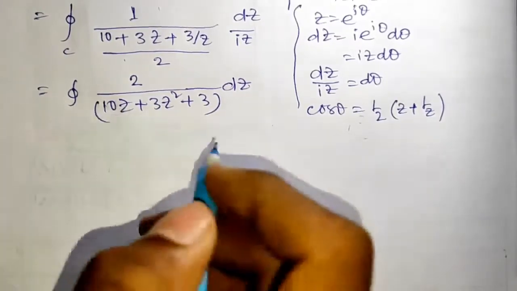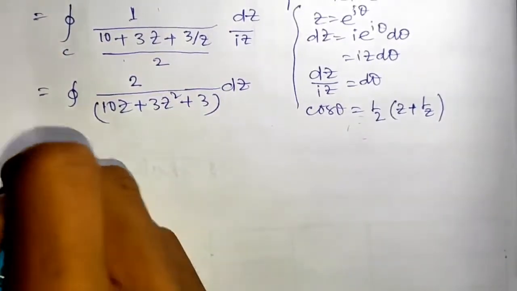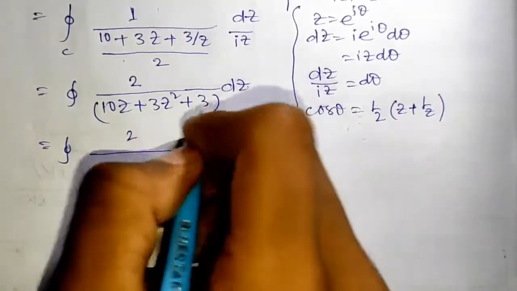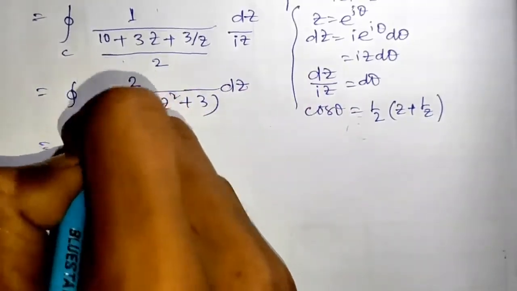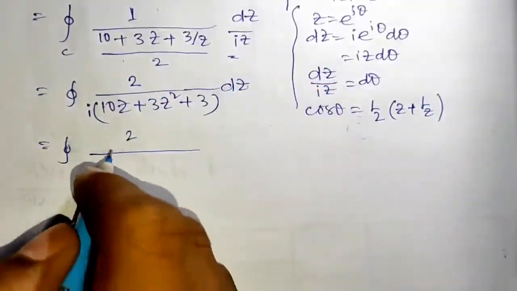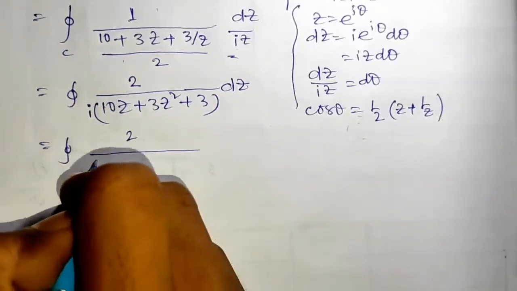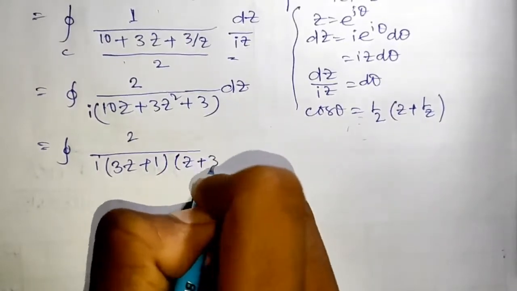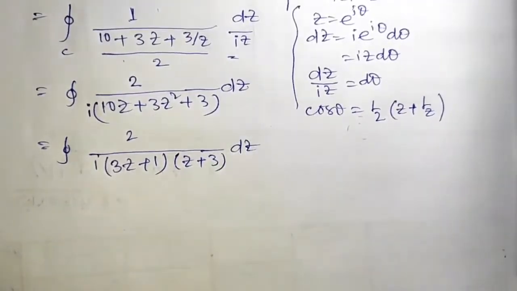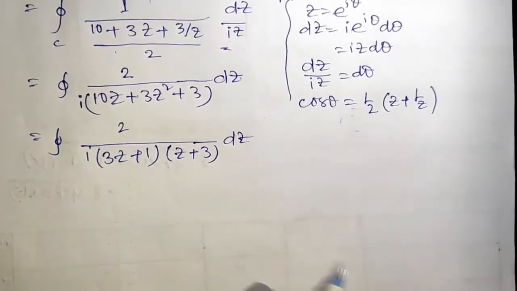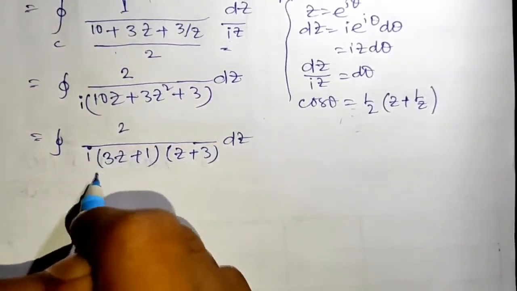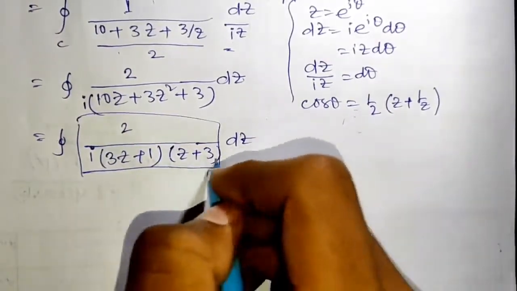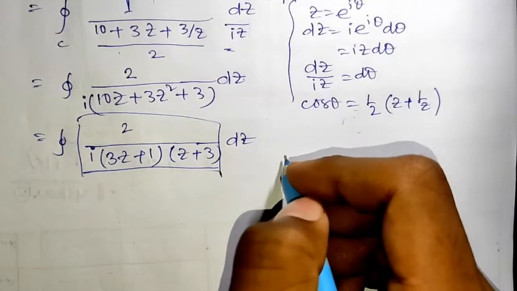Now we have to find singularities of this function. To find this, we have to put the denominator equal to 0. Now if we factorize, it becomes (3z plus 1)(z plus 3) dz. Singularity is simply that we put the denominator equal to 0.